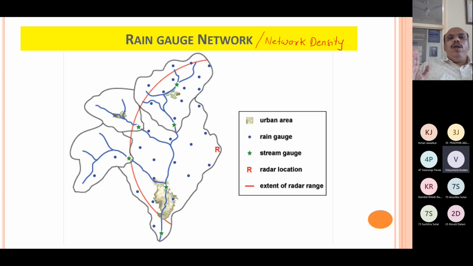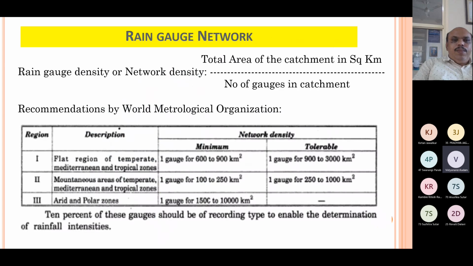So now we are going to learn how to find whether the available number of rain gauge stations in the area are sufficient or not, whether the available rain gauges are the optimum number for that area. So the term is rain gauge network or network density.